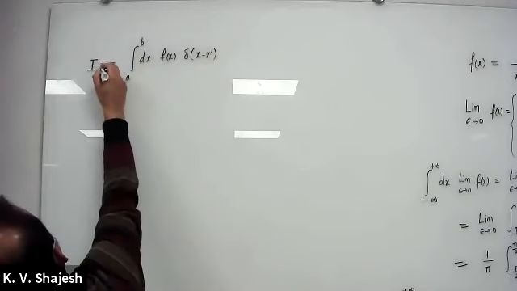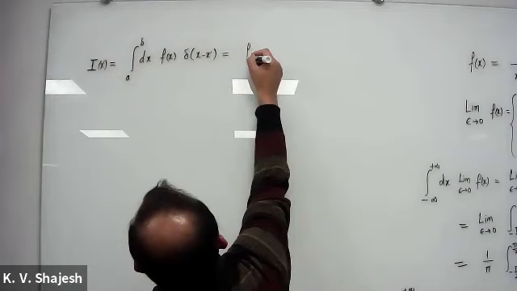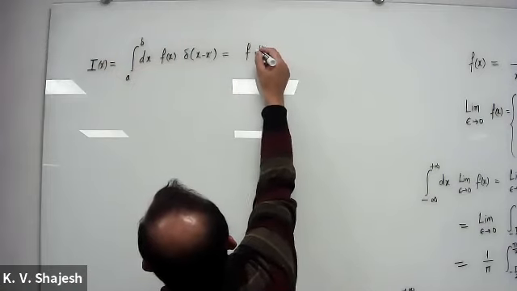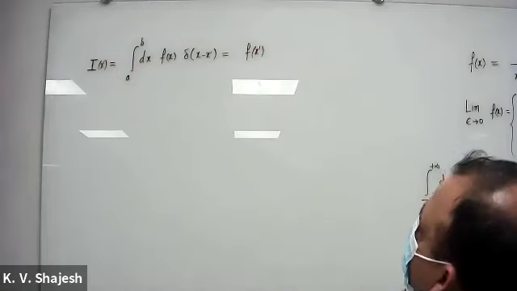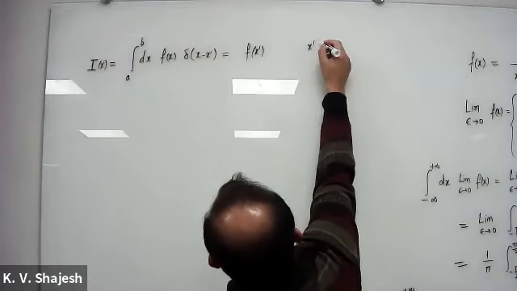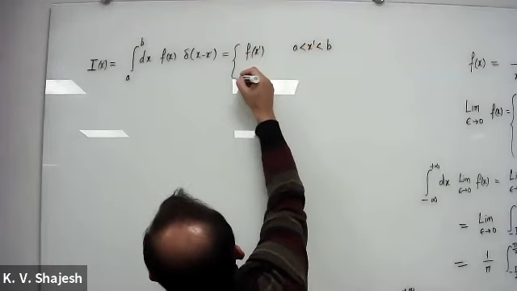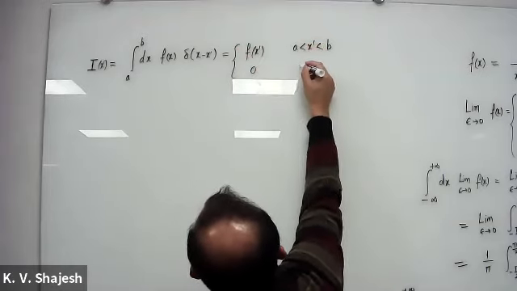So this will be a function of x prime, and will be equal to f of x prime, provided x prime is less than a. A little more precise version of whatever we did earlier. 0 otherwise.